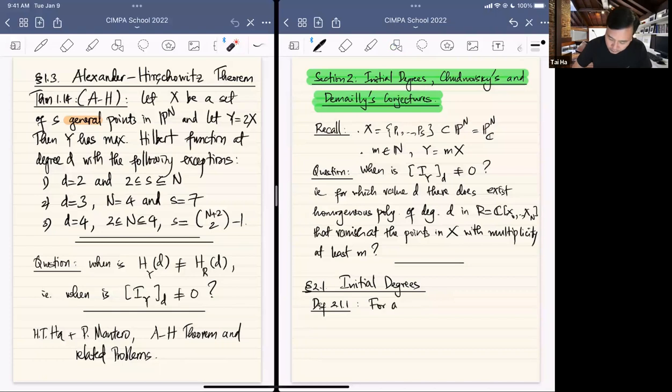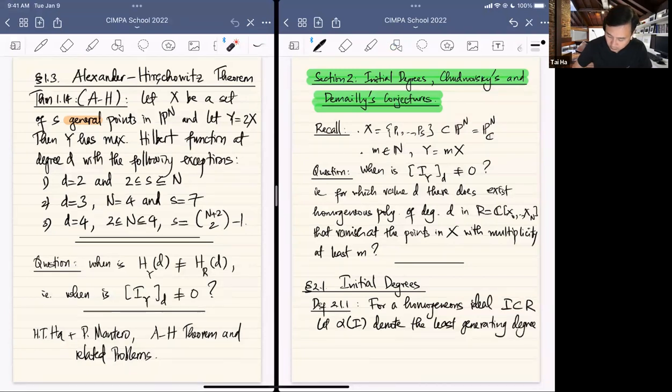For a homogeneous ideal I inside our polynomial ring, we let alpha of I denote the least generating degree of I. That is, alpha of I is the minimum of all degrees D such that the degree D component of I is not 0.